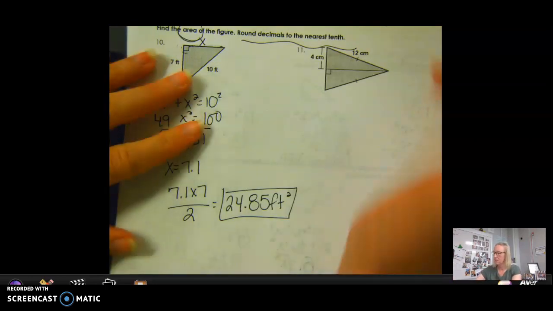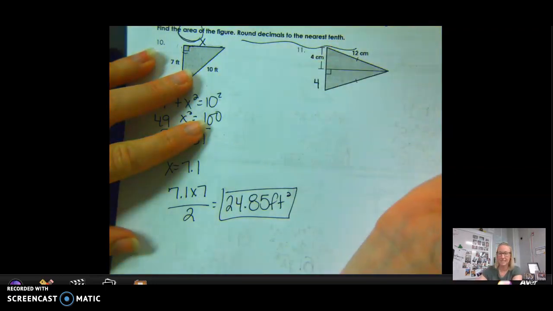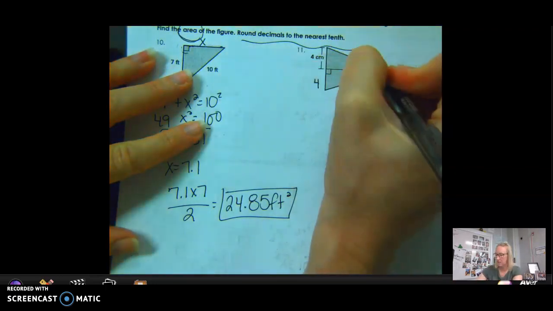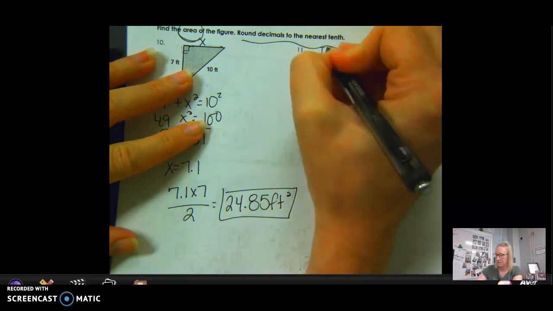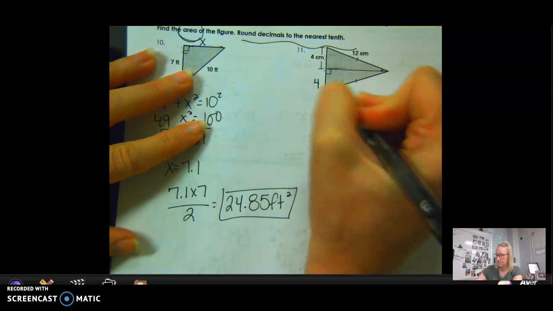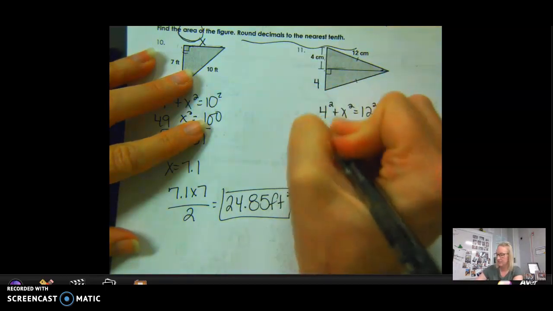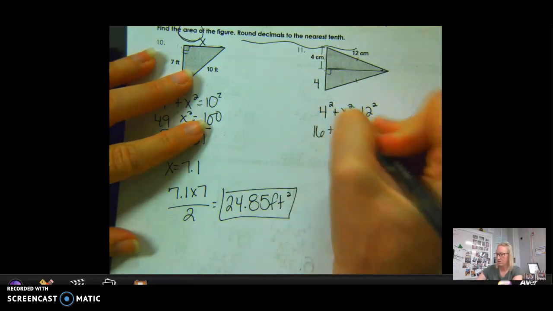Okay. Next one. If that's 4, that means this is 4, so the whole distance is 8 for the length. The width would be this guy, or this is base and height, right? So this is 4 squared plus x squared equals 12 squared. So that's 16 and 144.